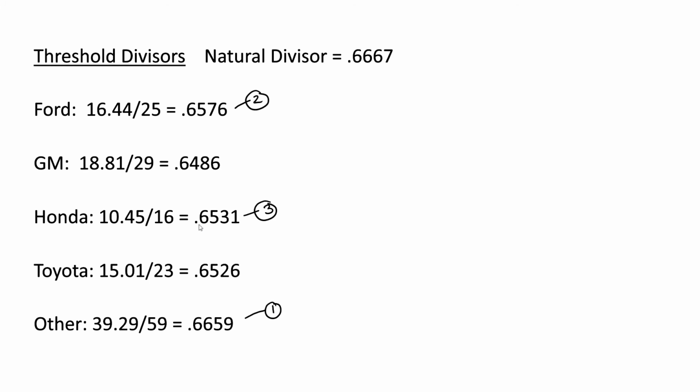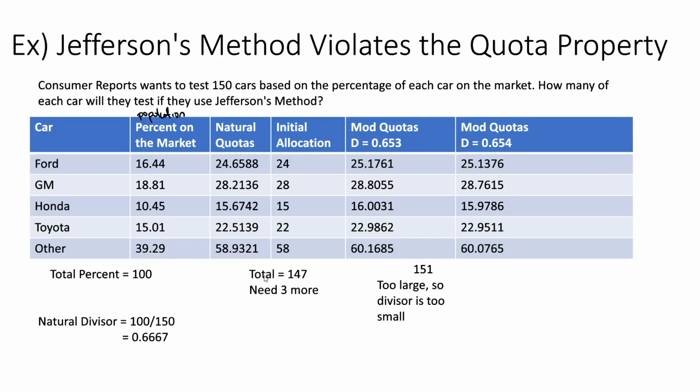So if we try 0.6531 or something a little bit smaller than that, as long as we don't get smaller than 0.6526, we would hope it would work. So we'll go back to that now. If we try 0.653, which is a little bit smaller than the third closest threshold divisor, these are the modified quotas we get.